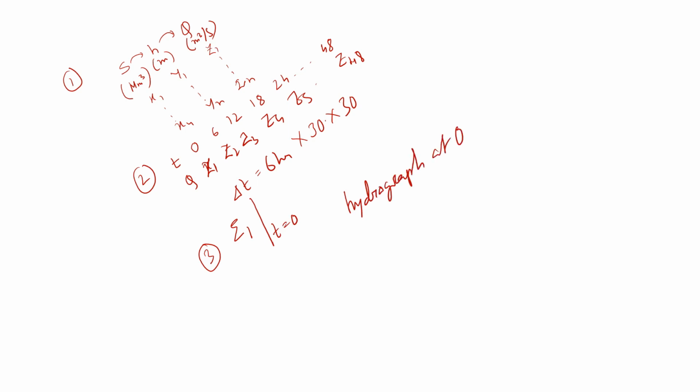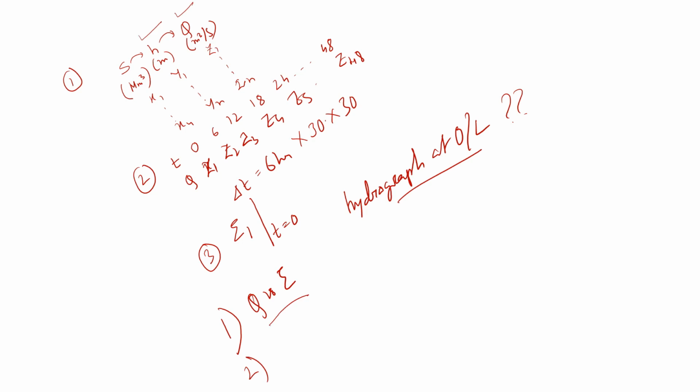Okay, now the question will be: draw the hydrograph at the outflow or outlet point. Hydrograph at outlet, let us say. What is that? So the first step, straight away draw a Q versus elevation curve from this Q data and this elevation data.